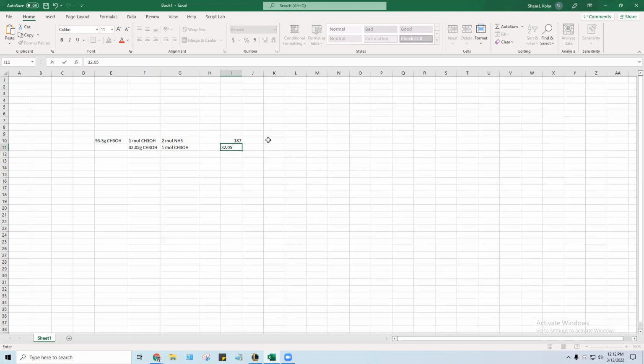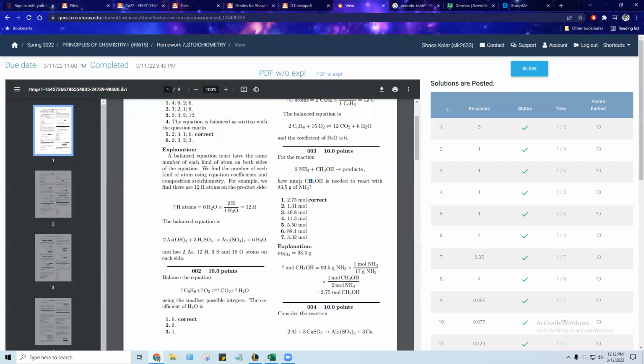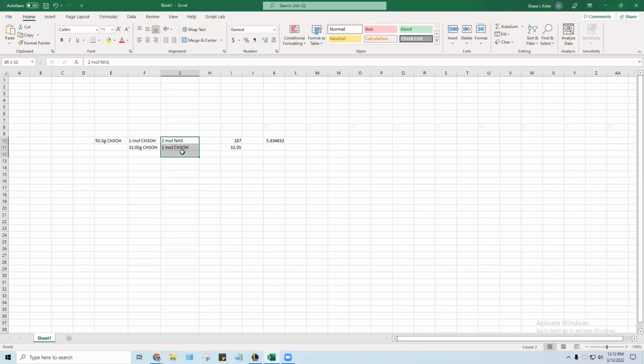So we can go ahead and divide. So equals 187 over 32.05, and that gives us 5.83 moles. Oh, well, that gives us how much NH3. We actually don't do this. Whoops.